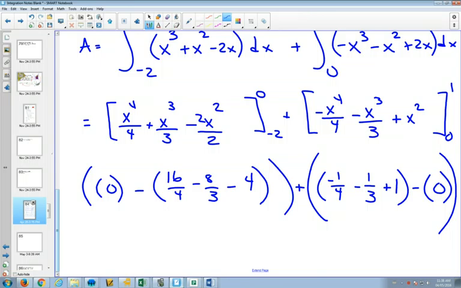Can you see that 16 over 4 is going to be 4? 4 minus 4 is going to be 0, so you're just going to get negative 8 over 3. First big set of brackets just simplifies to 8 over 3. And here, if we get a common denominator of 12, we'll have negative 3 over 12 minus 4 over 12 plus 12 over 12.